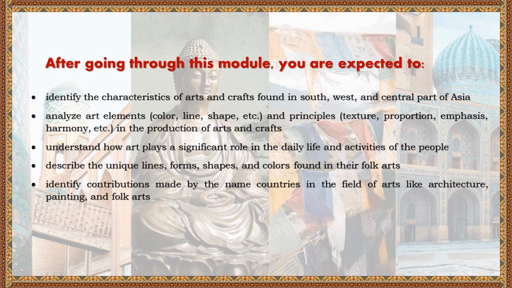Understand how art plays a significant role in the daily life and activities of people. Describe the unique lines, forms, shapes, and colors found in their folk arts, and identify contributions made by the named countries in the field of arts like architecture, painting, and folk arts.